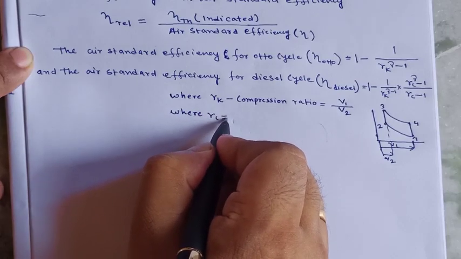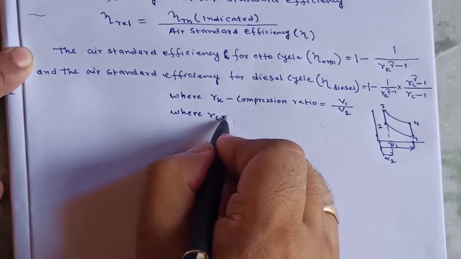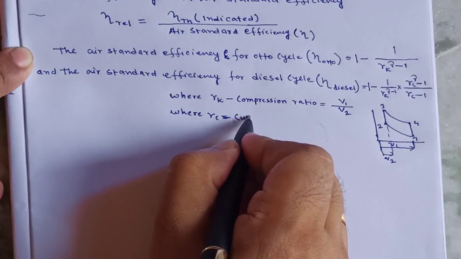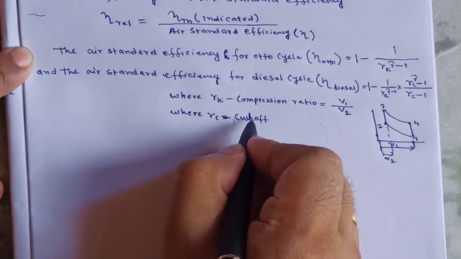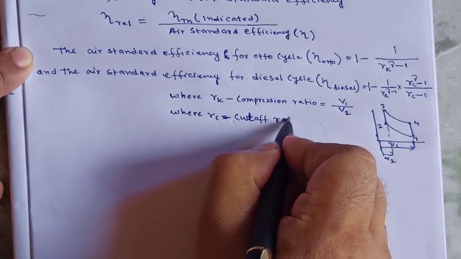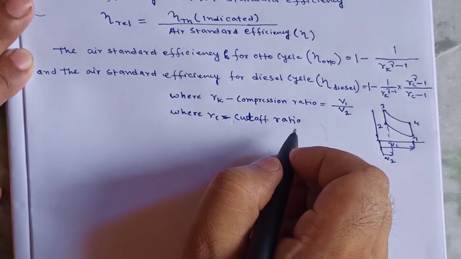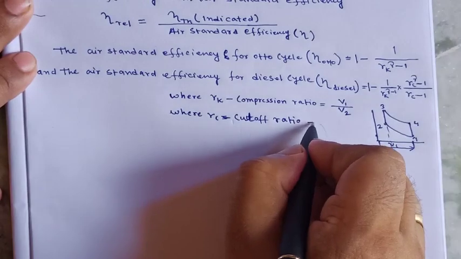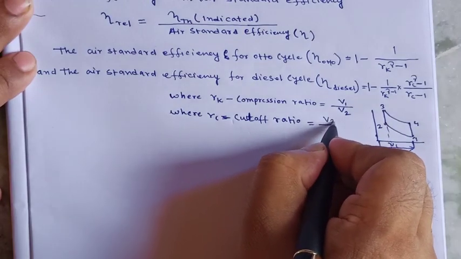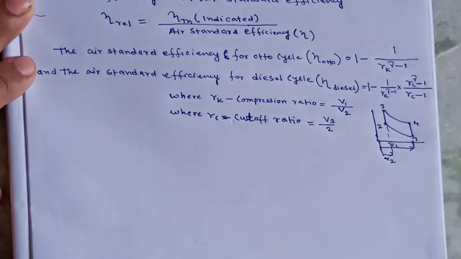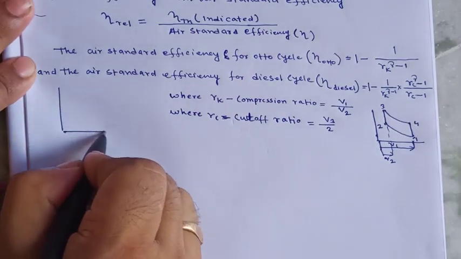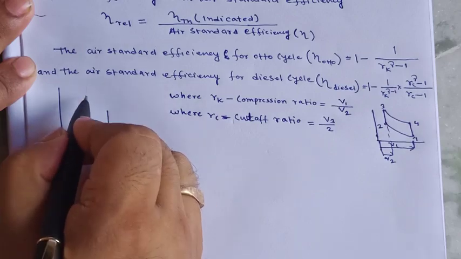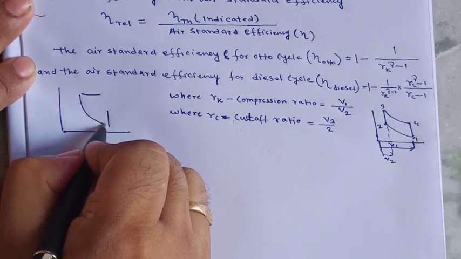Rc is the cutoff ratio, which is V3 by V2. It is obtained only in the diesel cycle. The diesel cycle looks like that.